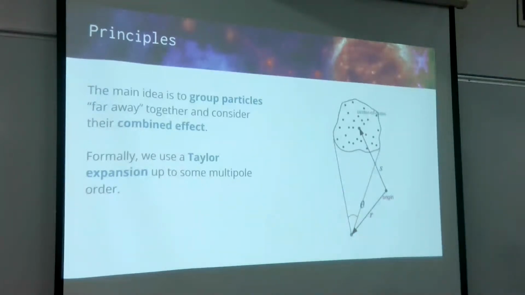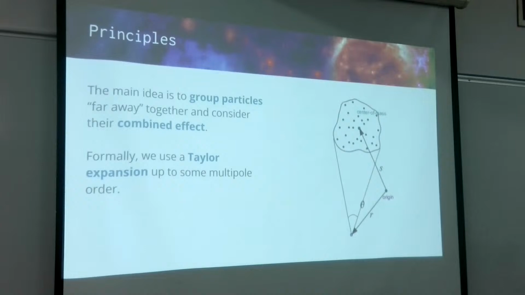I don't need to worry about every single star in the Andromeda Galaxy influencing every single star in the Milky Way. I can just say Andromeda is far away, and treat the whole thing as a point mass. I don't have to worry about every single detail of what happens in the galaxy.